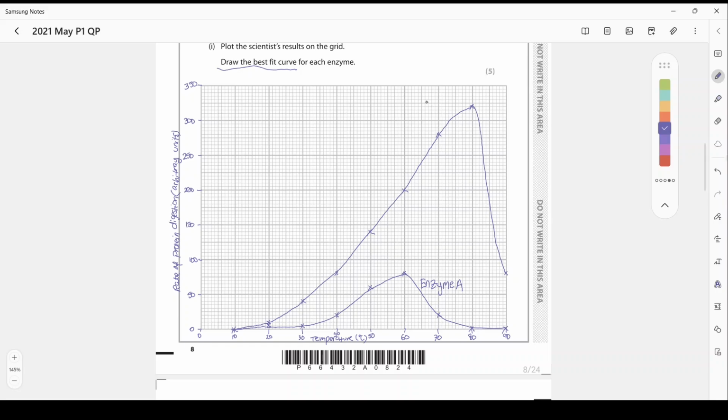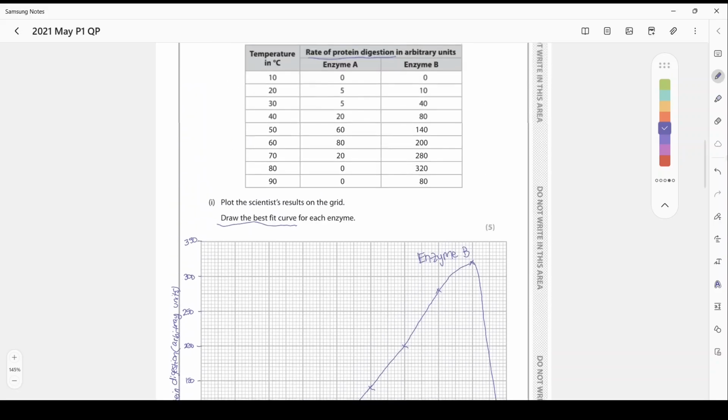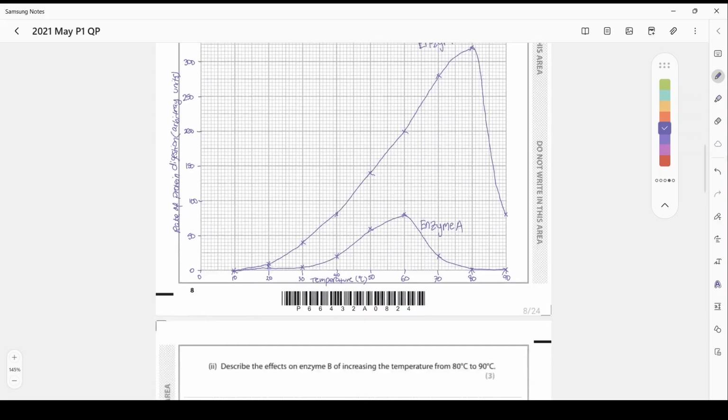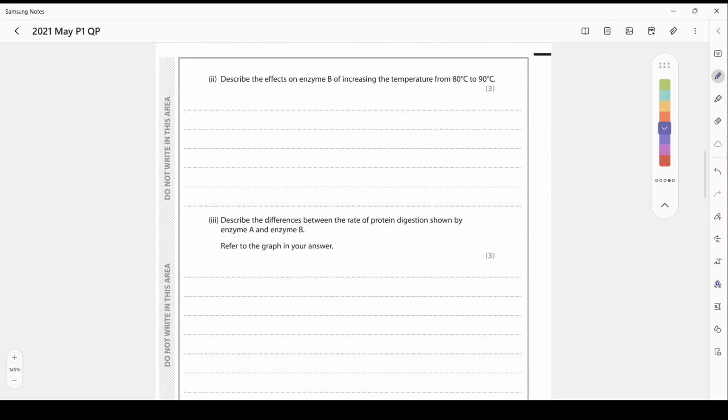And label this one enzyme B. All right, that's the graph. Let's move on to part 2.